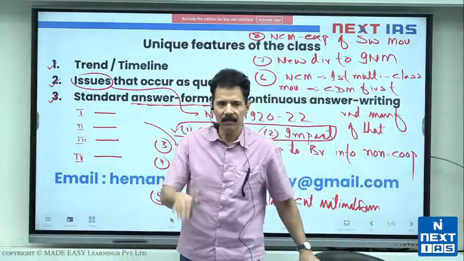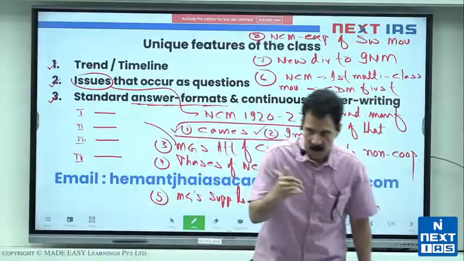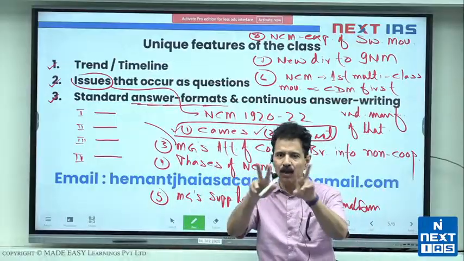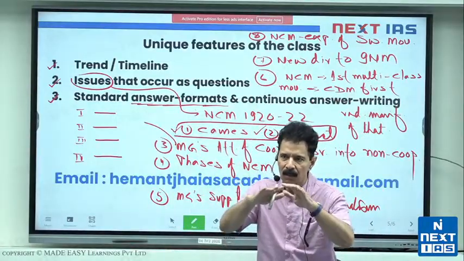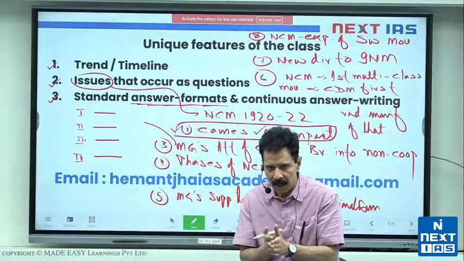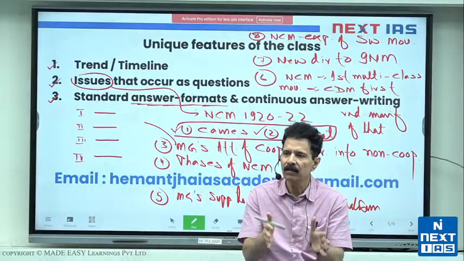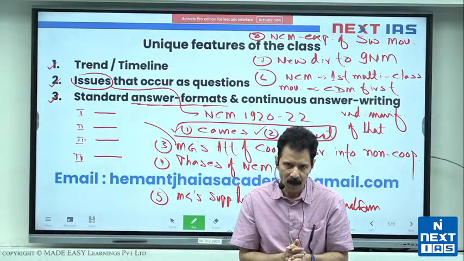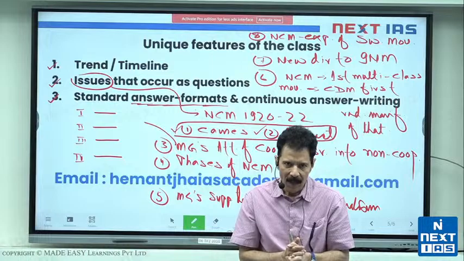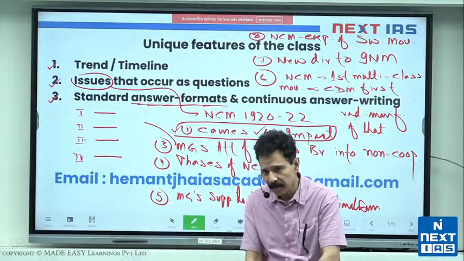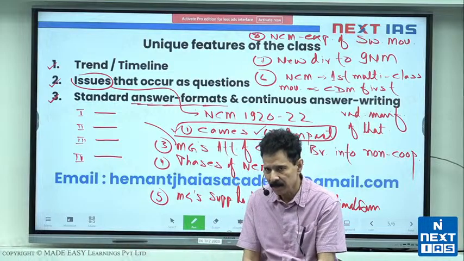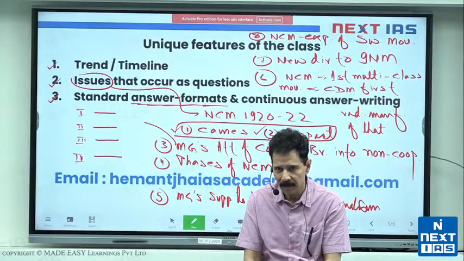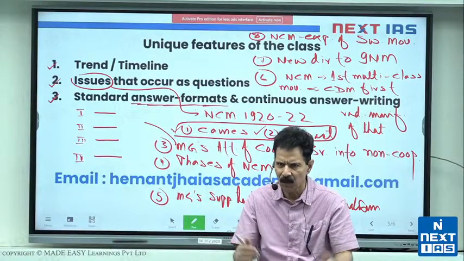My aim today, when we began, was to discuss two broad issues. One, all about the history optional subject in the civil services exam, and all about the class program conducted by me here. Right? Anything else you want to ask? Nothing specific, or we can discuss individually also.